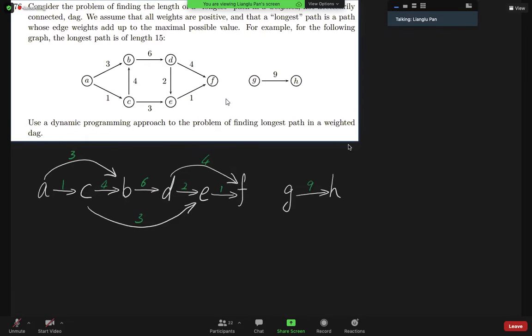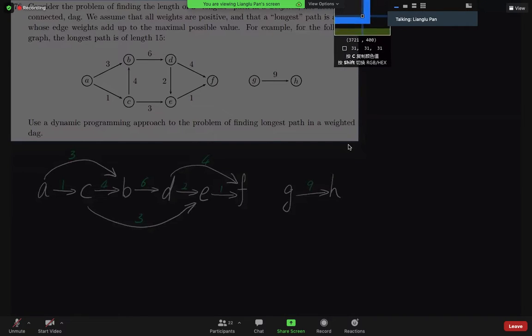Now let's consider if it's possible that we can consider each of the nodes in this topologically sorted sequence. Let me first hide the rest of the nodes. Let's just consider the first node.